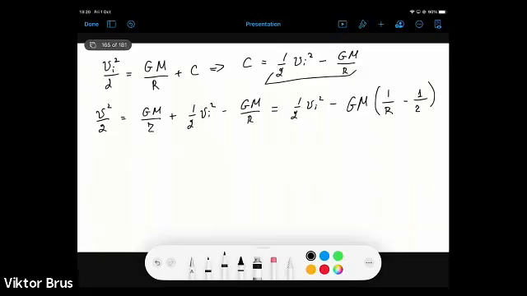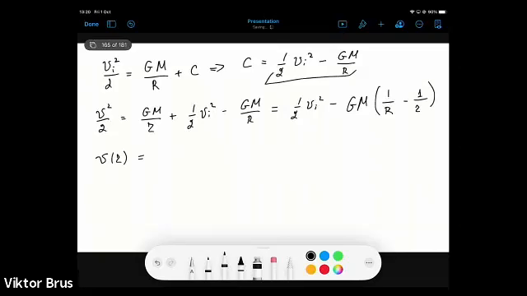Okay, so we can now express velocity as a function of the distance of the projectile to the center of the planet.